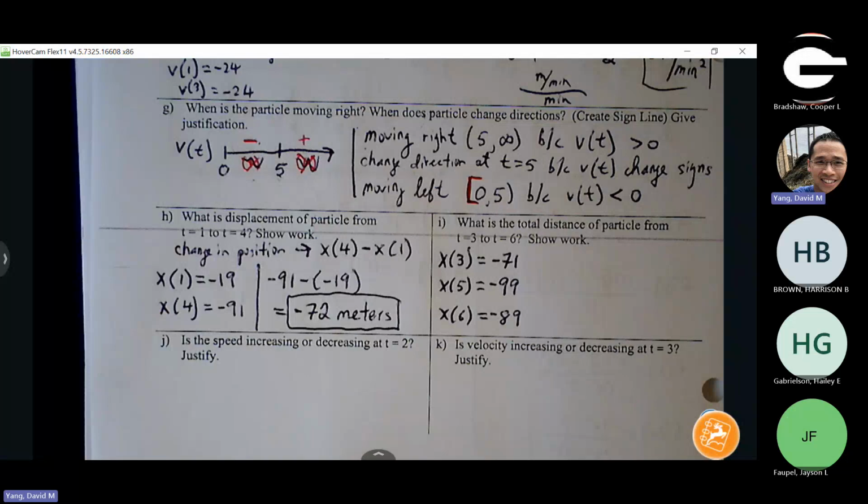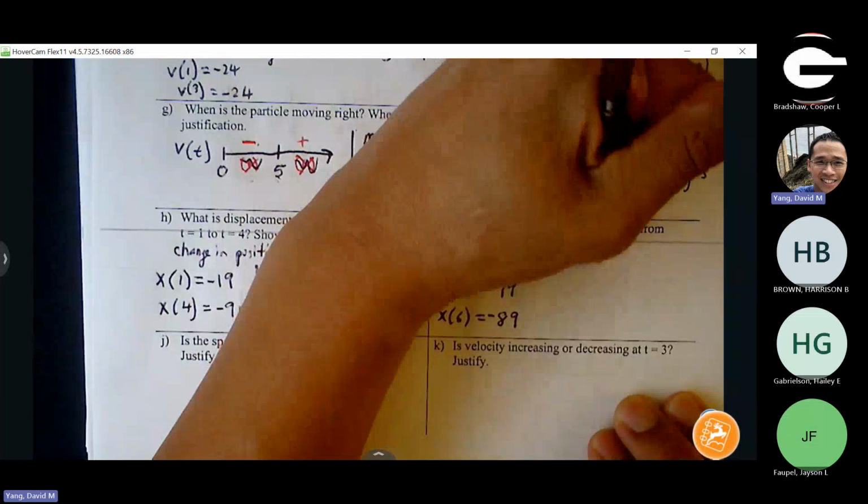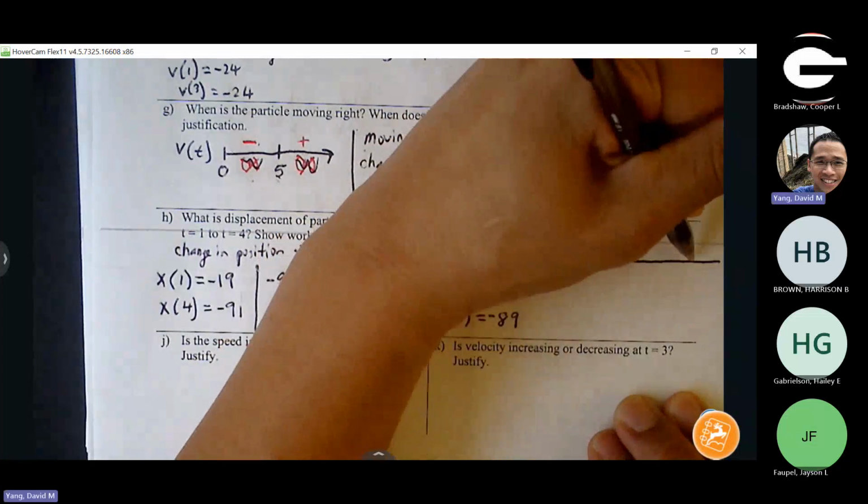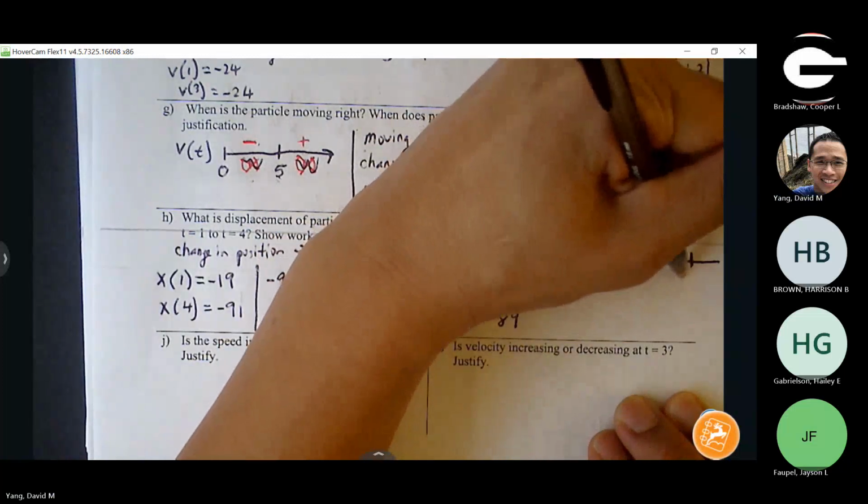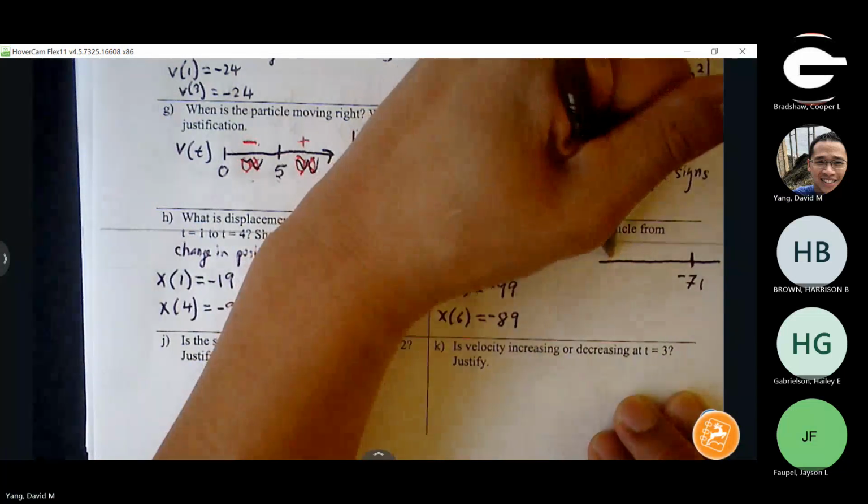Okay, so we don't want to be adding these numbers. What you want to do is imagine these are numbers on a number line, and you're walking between these locations, and each step that you take, you're just counting the steps in your head. So let's say you have a number line here, and negative 71 is here.